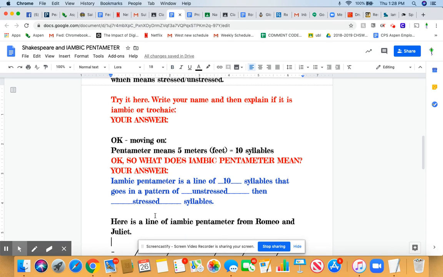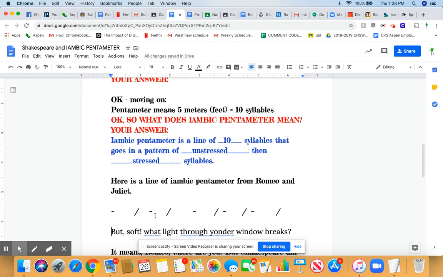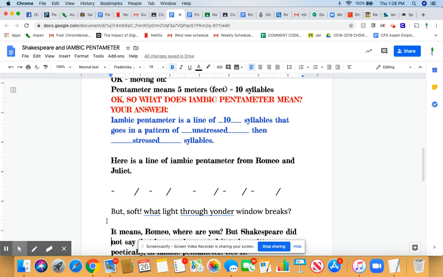So here's a line of iambic pentameter from Romeo and Juliet. This is how it goes. This is when Romeo's looking up at Juliet and she's in her window. He says, "But soft, what light through yonder window breaks?" And he goes on to call it the sun and the moon and all these other things.